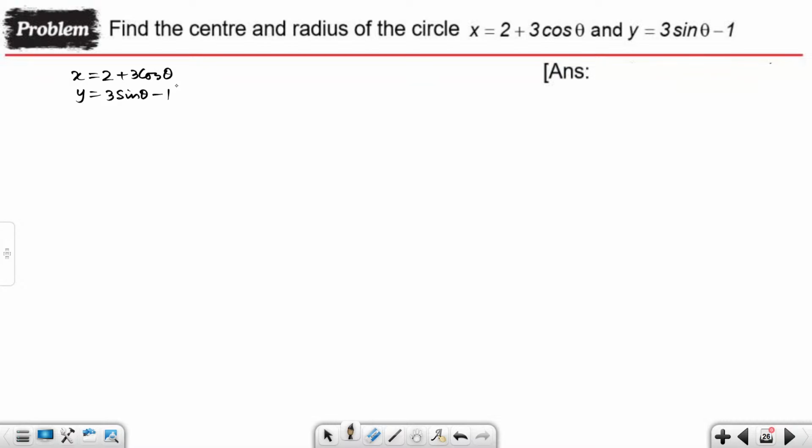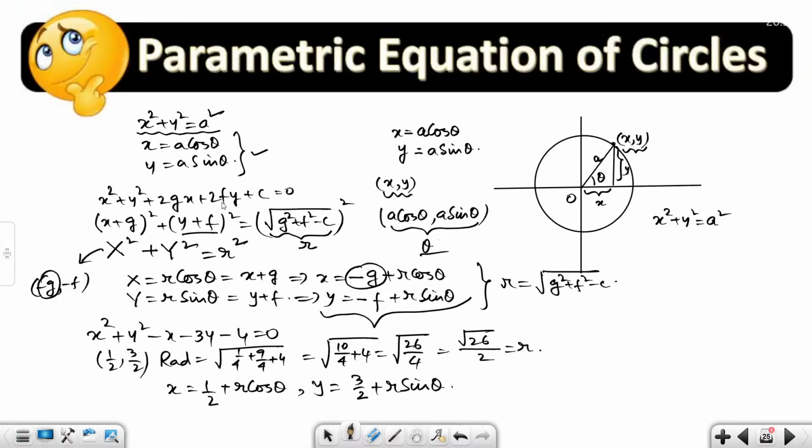So I have to find the center and the radius of the circle. For that, I have to convert this parametric form into the general equation. I will eliminate theta from these two equations. That's how we get from the parametric equation to the general form. We learned in the previous slide how to find the parametric form if a general form is given.